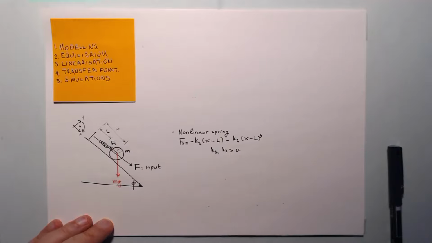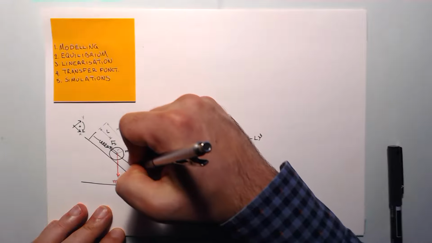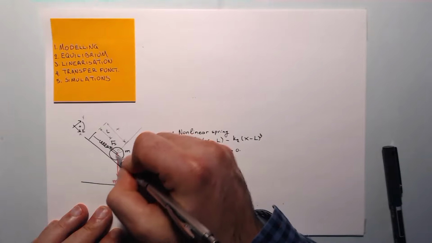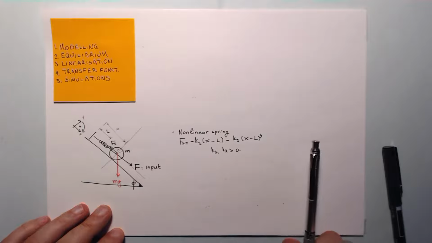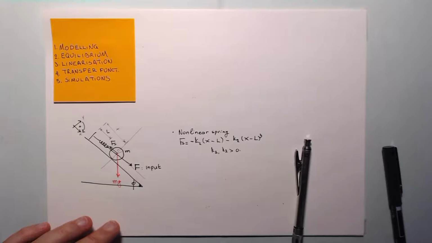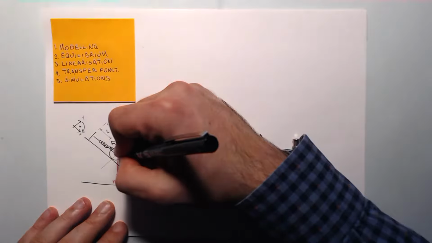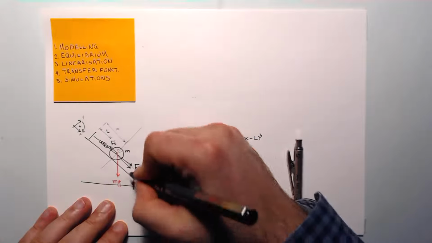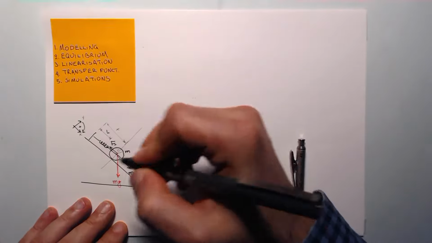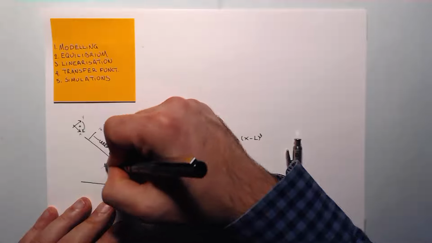Of course, it's not very convenient the way it is because the principal axes we're using here are x and y. So why don't we go on and decompose the weight into a horizontal component, mgx, and a vertical component, mgy.